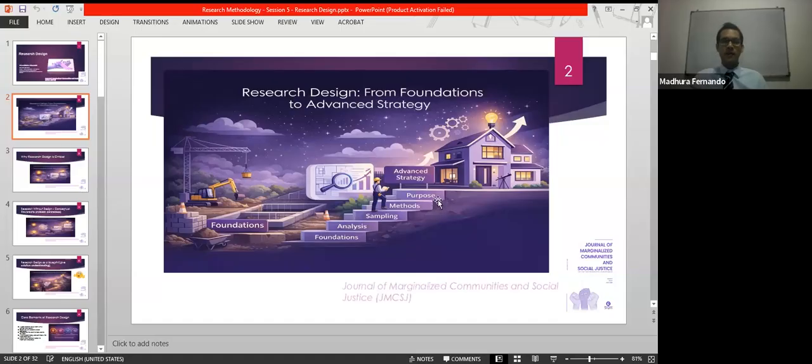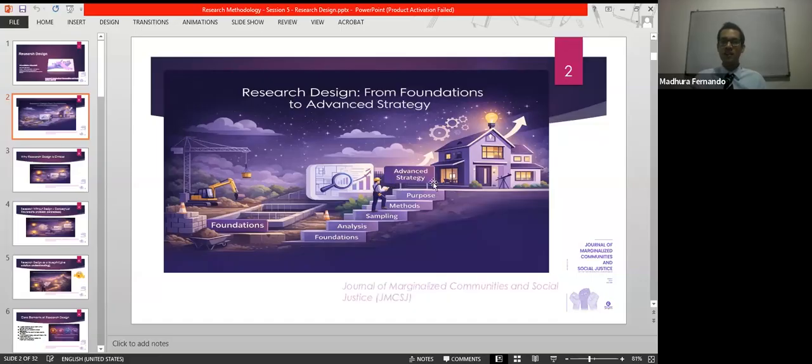Sometimes you may have a purpose before putting the foundation, but without these steps, you can't make it a research purpose. You may have some kind of a purpose, but you have to follow these steps to come up to this research purpose. Otherwise, you can't find this advanced strategy.